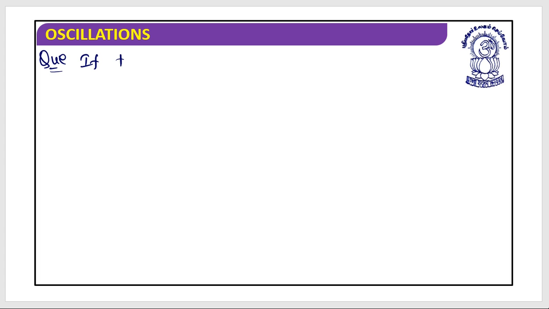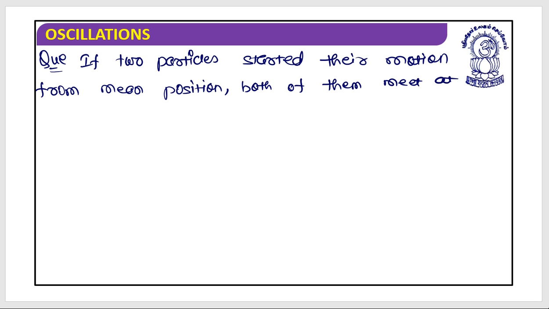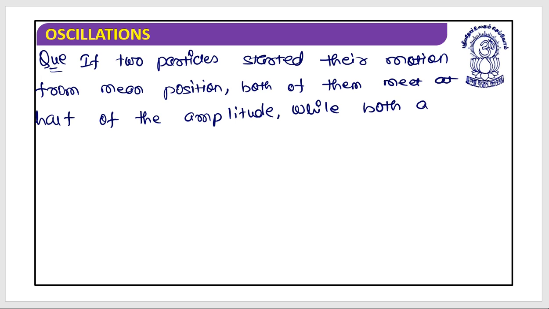If two particles started their motion from mean position, both of them meet at half of the amplitude while both are moving in opposite direction.